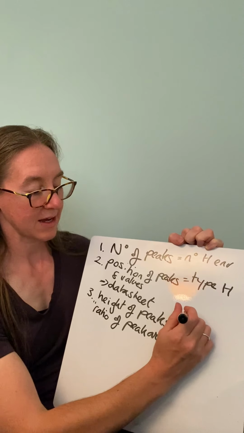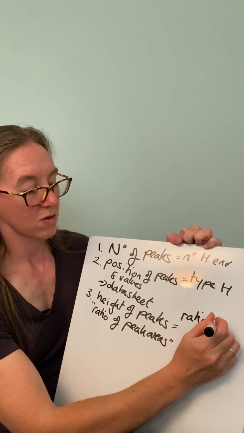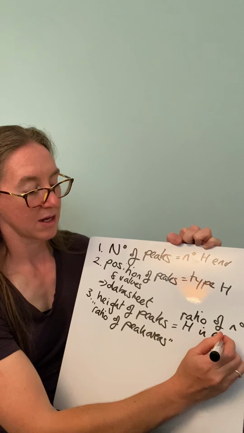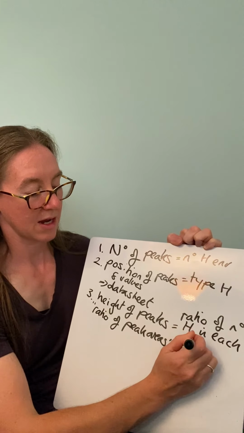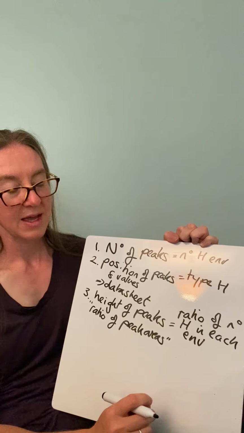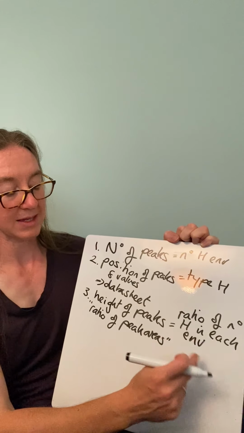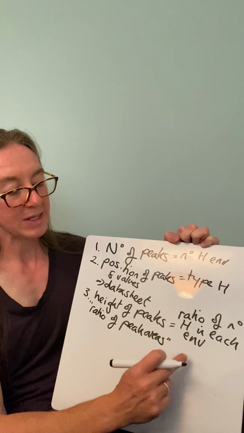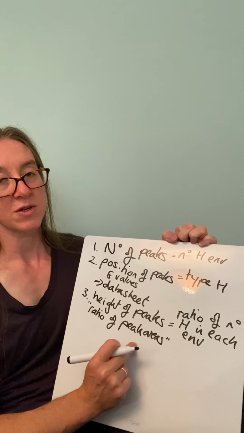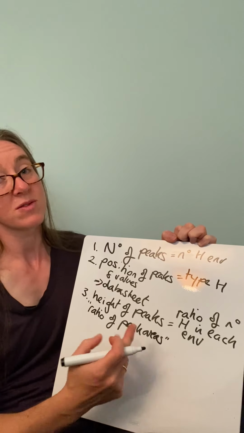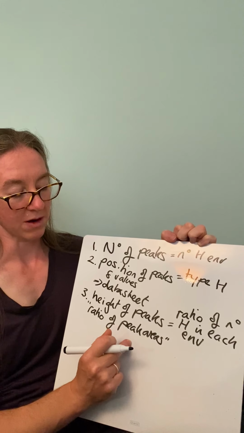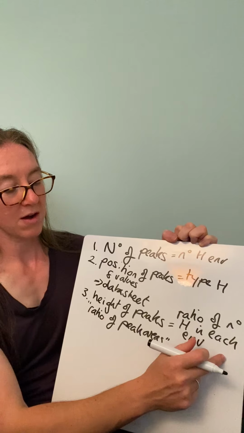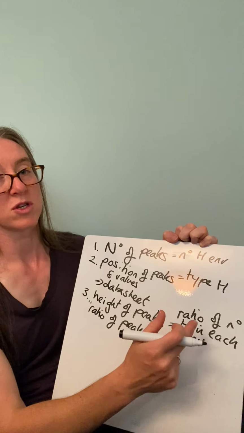And really that tells me the ratio of the number of hydrogens in each environment. And again, we'll come back and look at some examples of this, and then it will make hopefully a bit more sense. But what we're saying is, if the ratio of the peak areas, or their heights if they're very narrow, is 3 to 2, then the ratio of the hydrogens is 3 to 2.